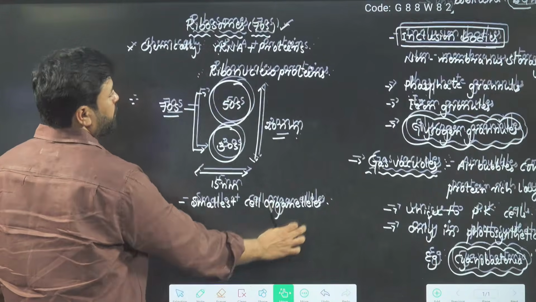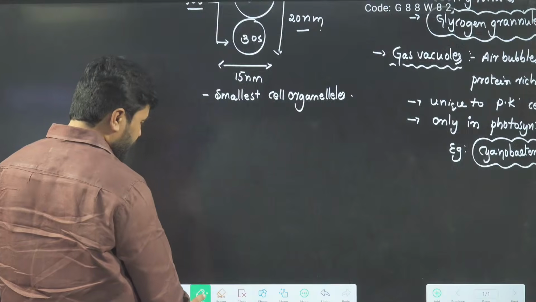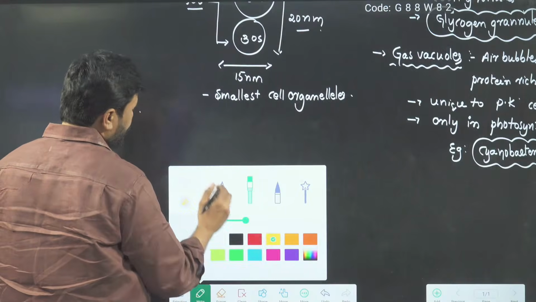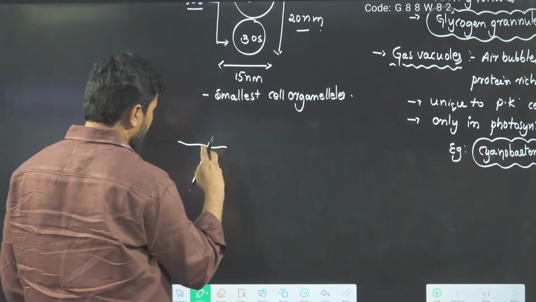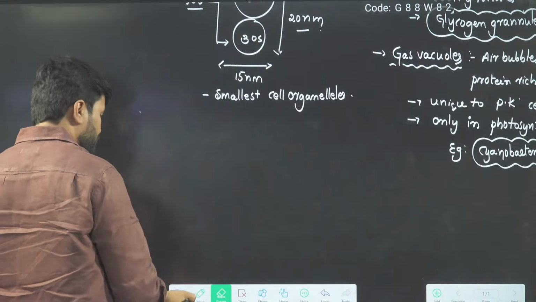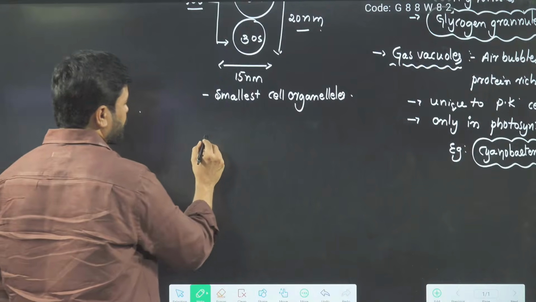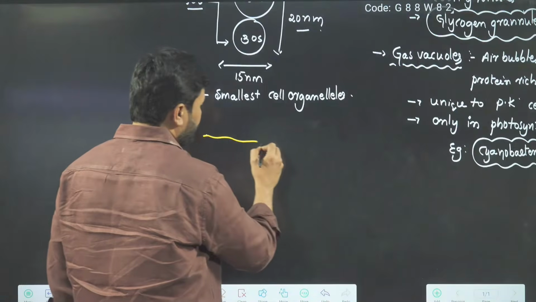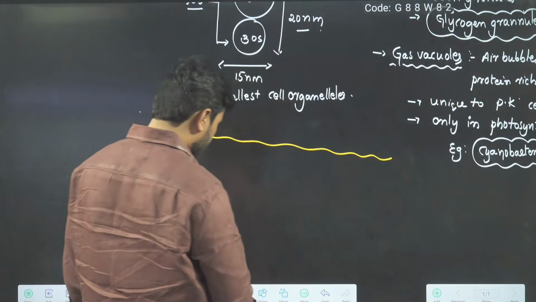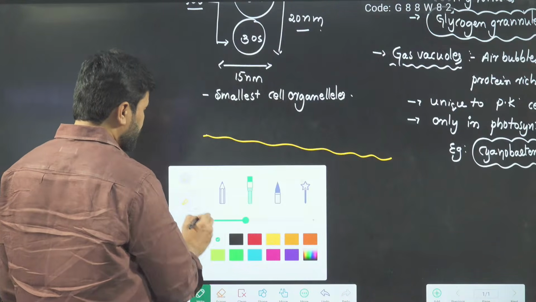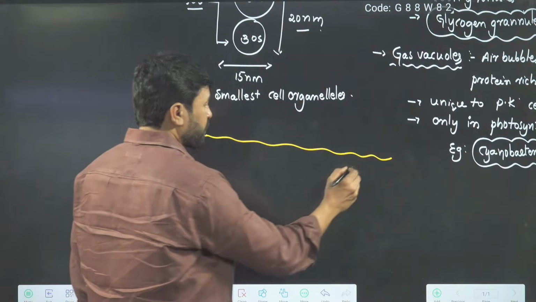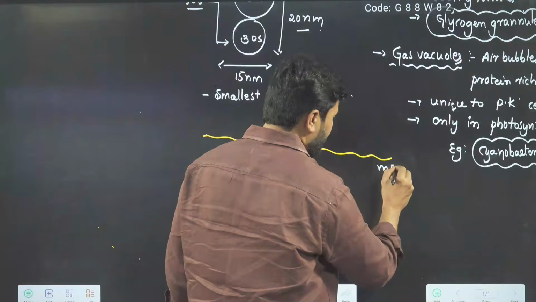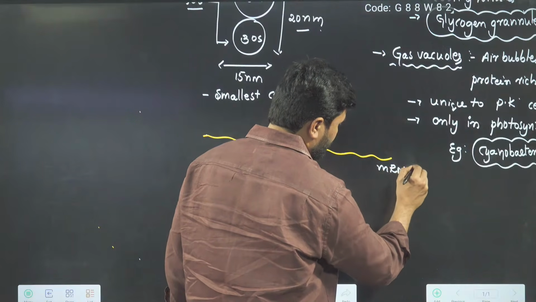Then another important thing about them: the work of ribosomes is nothing but protein synthesis. Whenever they are doing protein synthesis, they have an interesting behavior. They will find one mRNA, in prokaryotes I am talking about.